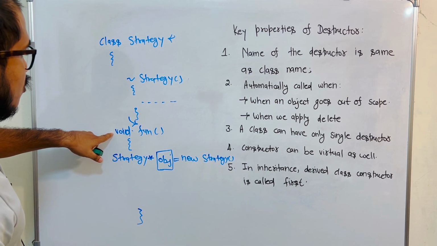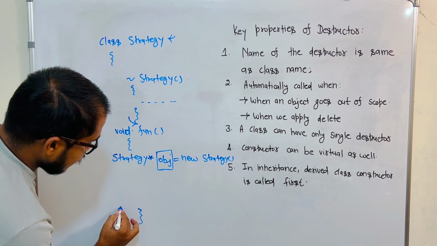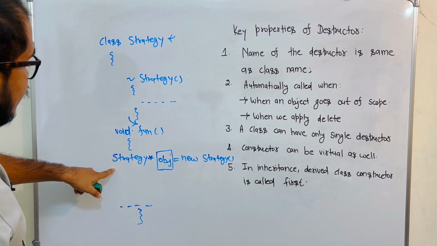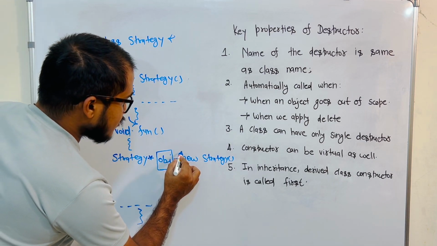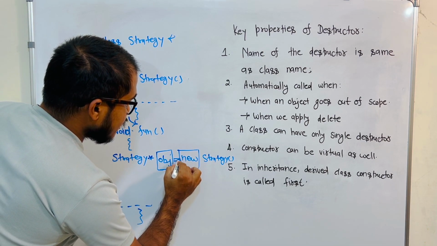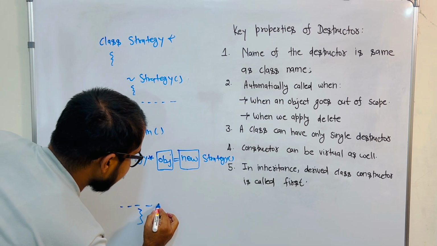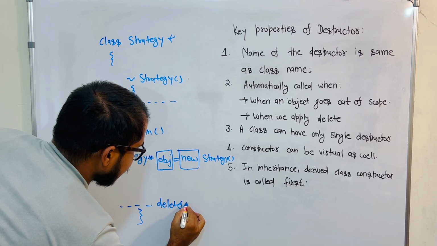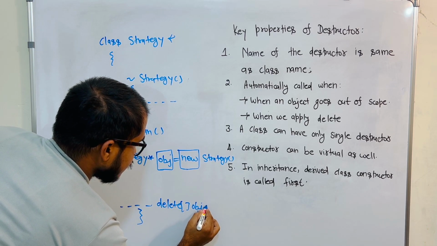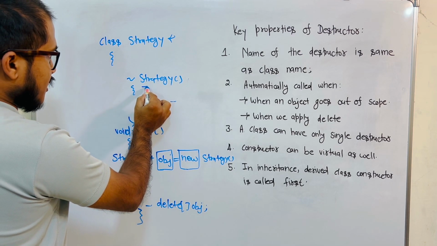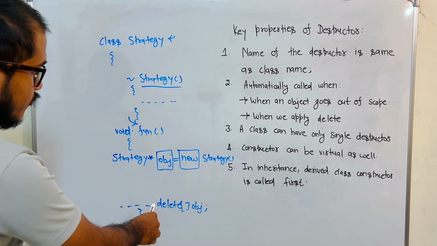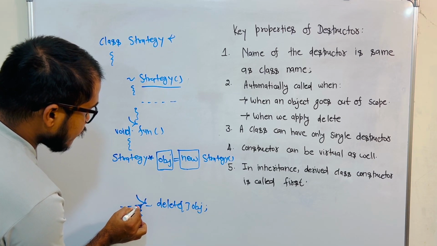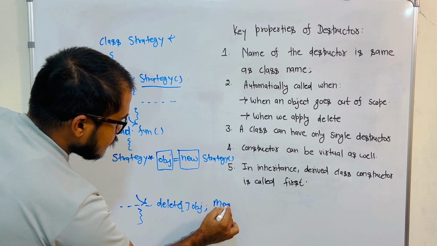That is, if I go out of scope of this function here, then automatically the destructor of this class will not get executed because this memory has been created using the new keyword. So in this case I will have to specify delete obj. Then only the destructor of this class will get executed. And if you forget to delete this particular object, then this will be called a memory leak.